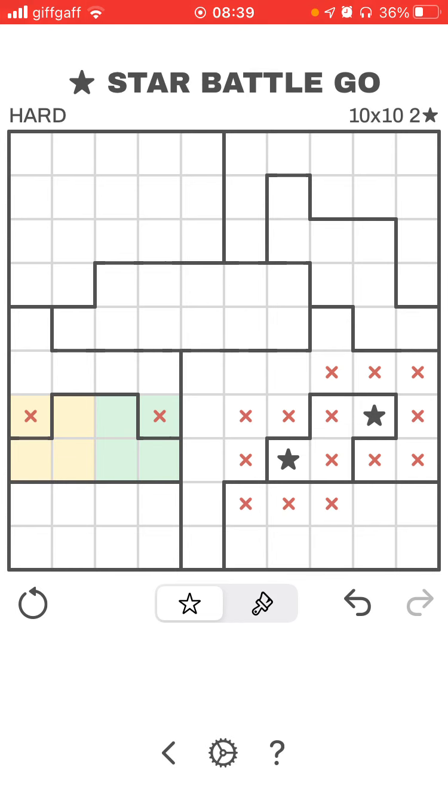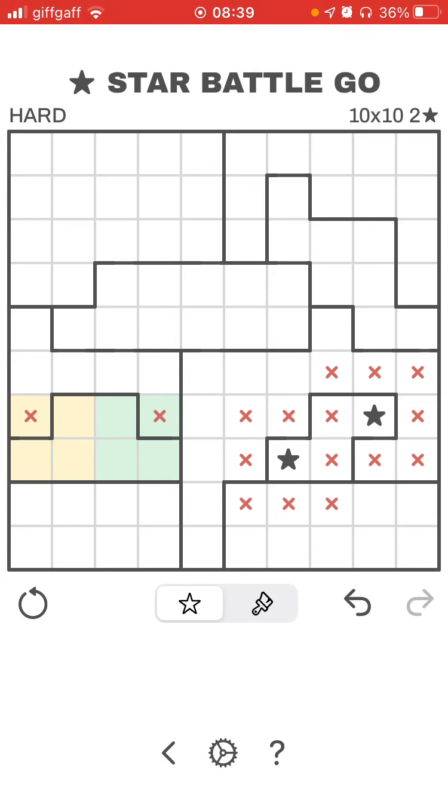Because if we try to make this space in that 2 by 2 region outside of the shape a star, it's going to eliminate the rest of the 2 by 2 region. So now we've got nowhere in the 2 by 2 region inside that shape to put the second star, right? So wherever I put a star in this remaining space, there's going to be nowhere to put a second star.